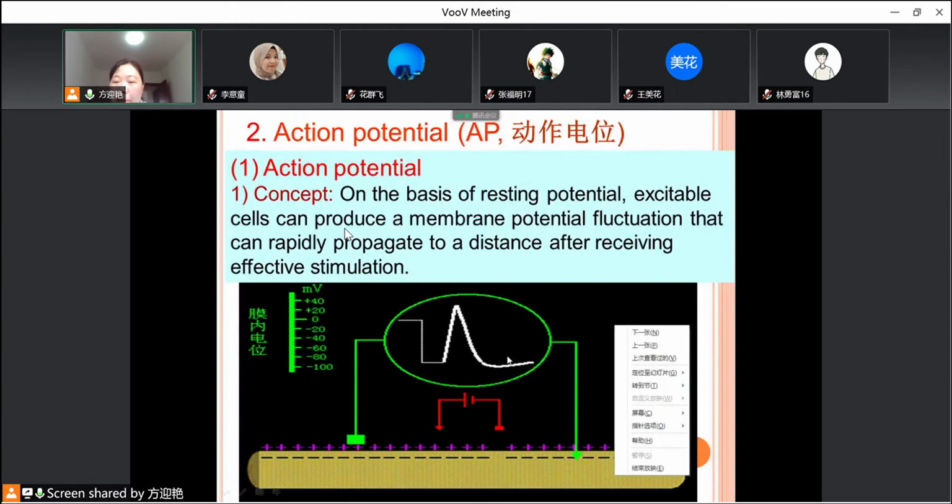It can be transmitted around, even until the whole cell is excited. This means the action potential. I hope you understand this concept.